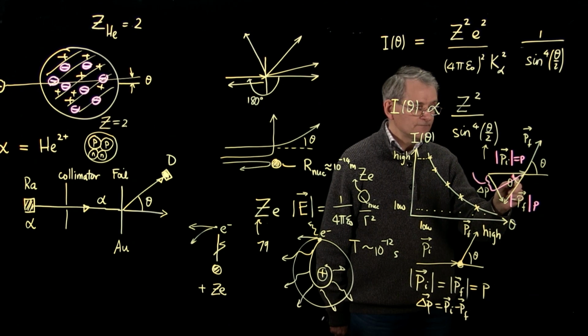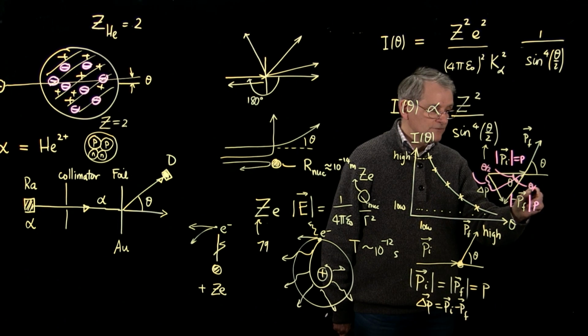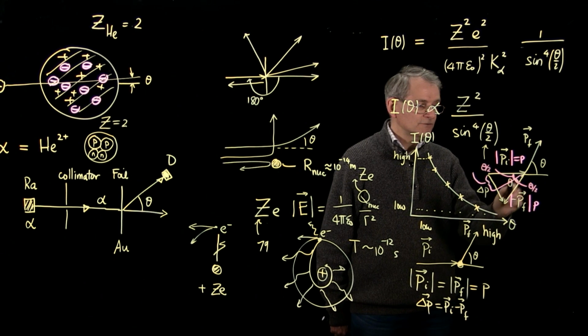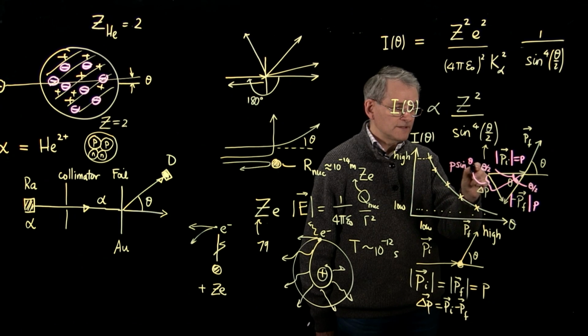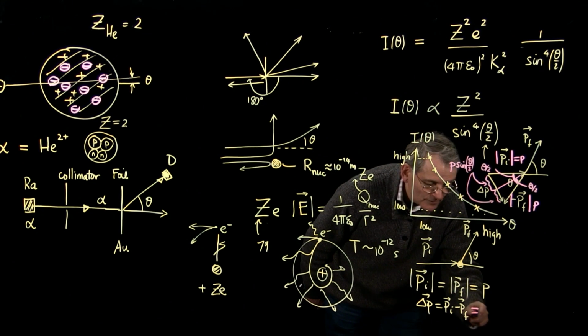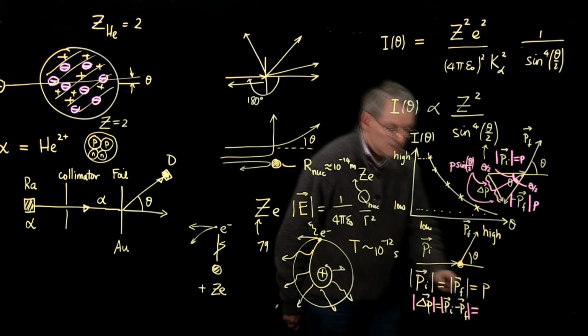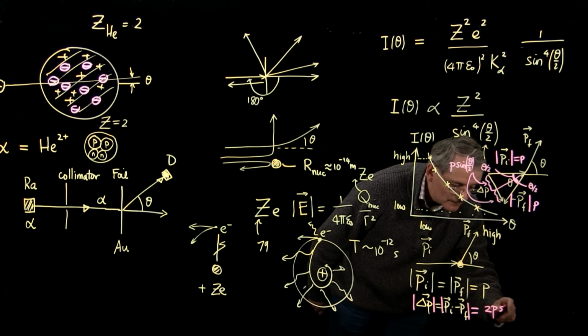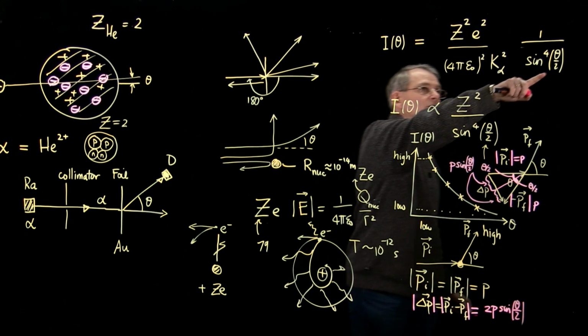But this angle in here is theta on 2, and this angle here is theta on 2. So theta on 2 plus theta on 2 gives me the angle theta, which is, of course, the scattering angle. So this I can write as P sine theta on 2, and likewise, this here is P sine theta on 2. So the actual magnitude of delta P, the change in the momentum, is just 2P sine theta on 2. That's the origin of the theta on 2 in this formula.